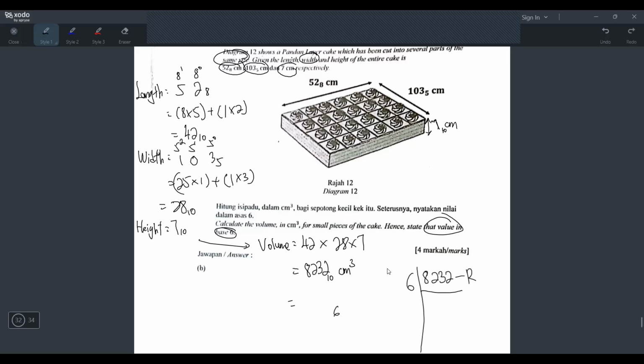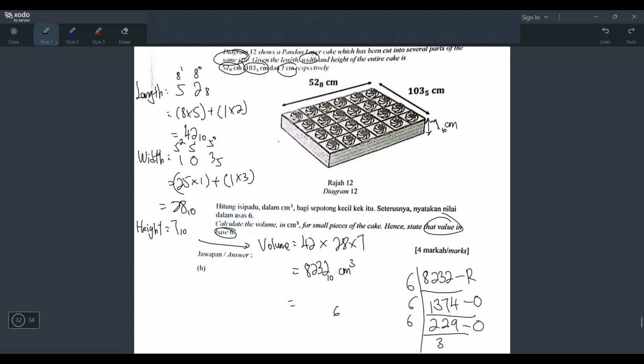Wait, double confirm. 6 times 1 is 6, left with 22. And then 6 times 3 is 18. 6 times 2 is 12. 6 times 3 is 18, 6 times 2, 12. It's 17, so remainder 0. And then 6 times 3 is 18. 22 minus 18, 4, 49.